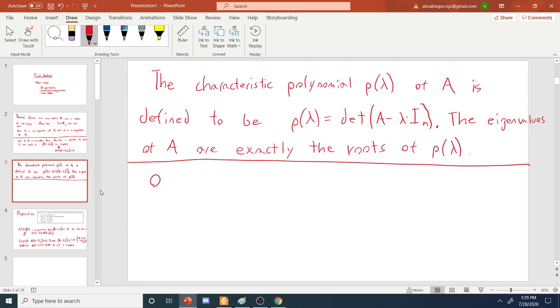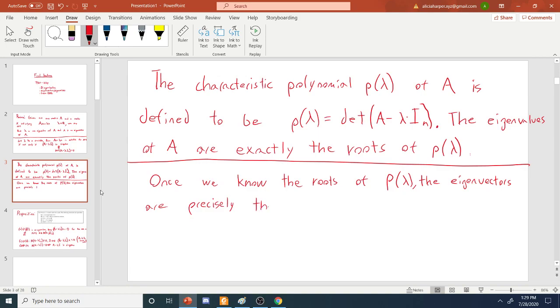Once we know the roots of p lambda, the eigenvectors are precisely the elements of the null space of A minus lambda naught times In, where lambda naught is a root of p lambda.